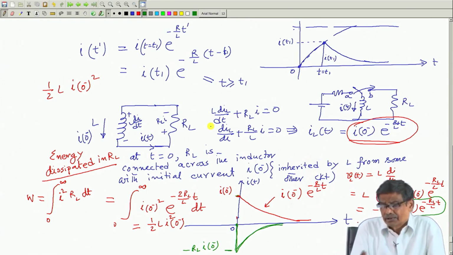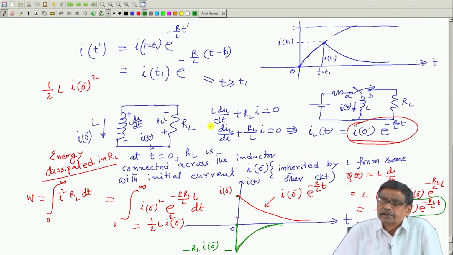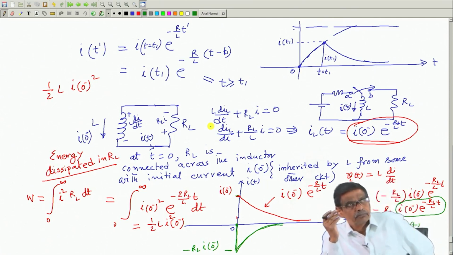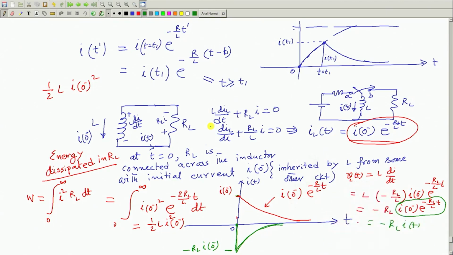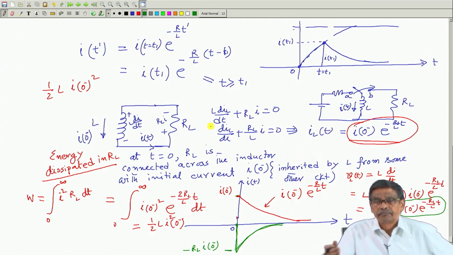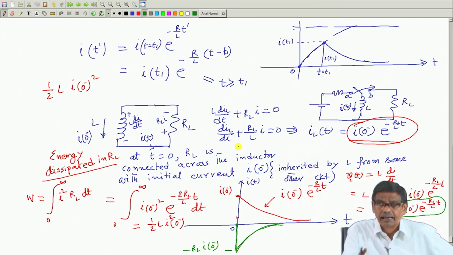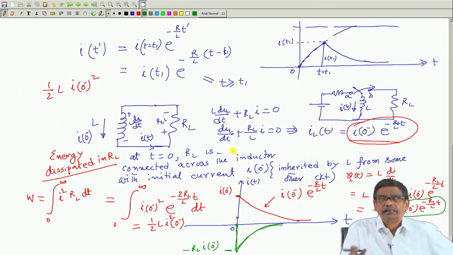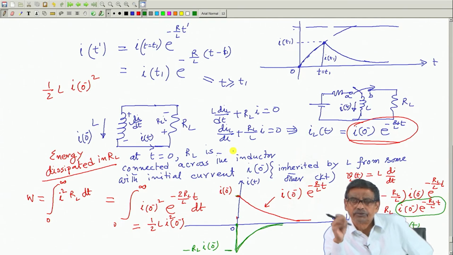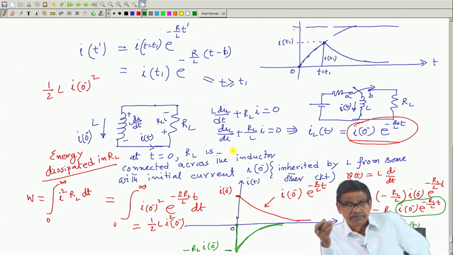So, here were some simple circuits by which you can charge an inductor to any value of current, of course, to that value which the inductor can sustain, meaning it should not exceed the rated current of the inductor. Then you retrieve that energy and use it for some purpose, heating a coil or lighting a lamp. Not a very good example, but it gives you the idea. Okay, energy can be stored and it can be retrieved.